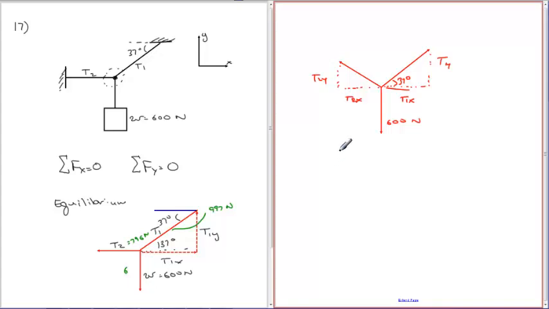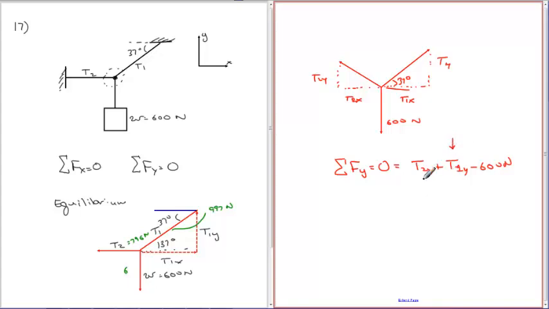Let's do the sum of the forces in the y direction. It has to equal 0. It's an equilibrium. So we have T2y plus T1y minus 600. So if we had this term here, then this is going to be some positive value. So this is going to be smaller.